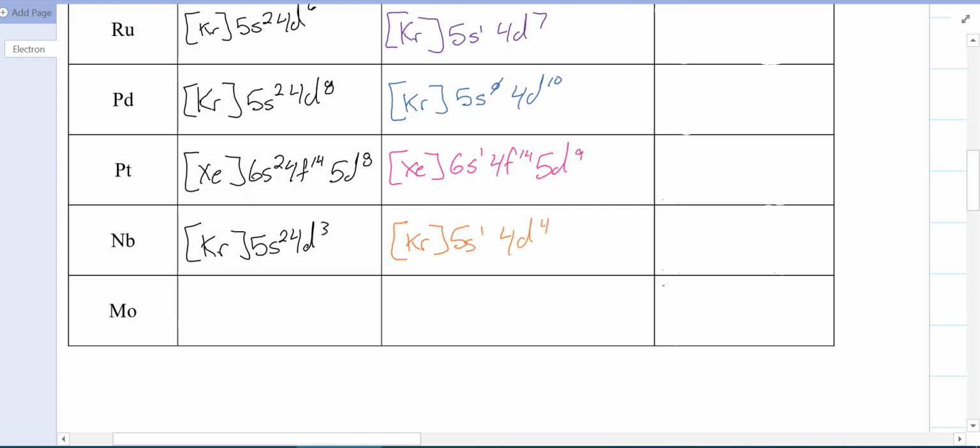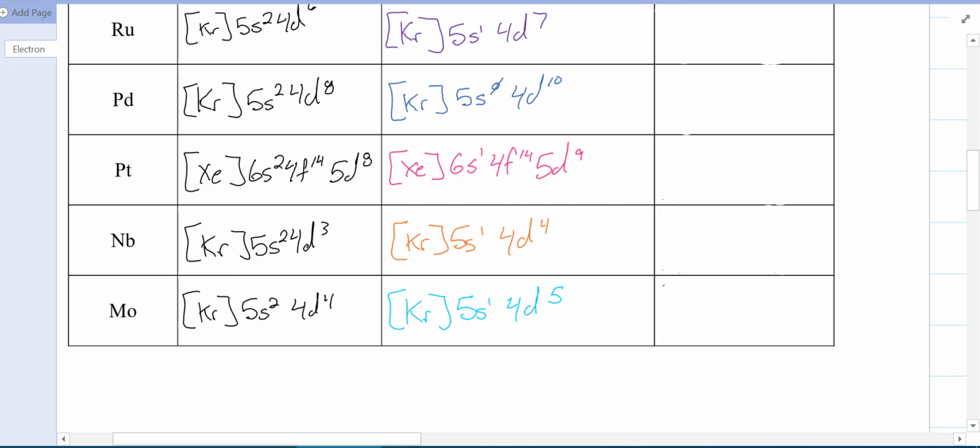And last but not least, molybdenum. We expect molybdenum to be krypton 5s2 4d4. And this one we do get what we expect, where it is krypton 5s1 4d5. So how am I going to know that?